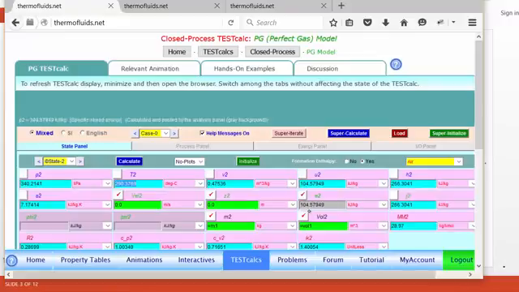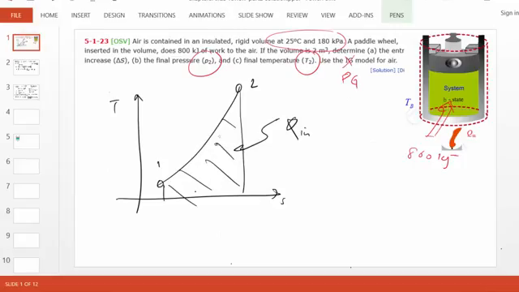Alternatively, we could enter an equation here for E2 because we have already shown that delta U equals Q. Either way, we show that the temperature is 290 Celsius, the pressure is 340 kPa, and in Kelvin the temperature is 563 Kelvin. So we have solved this constant volume process.